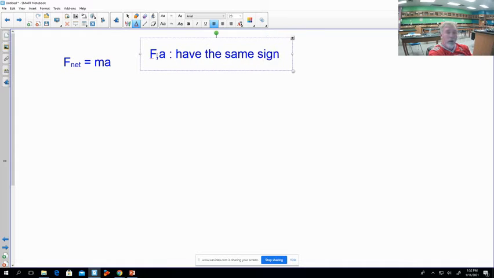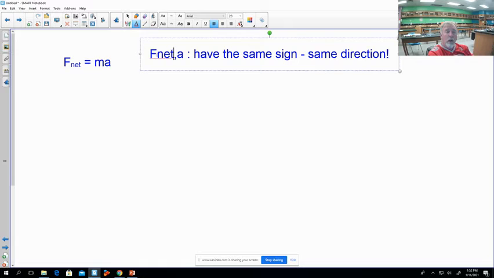That means they're in the same direction. So if our net force is in the negative direction, our acceleration is going to be in the negative direction. If our acceleration is in the negative direction, our net force must be in the negative direction.